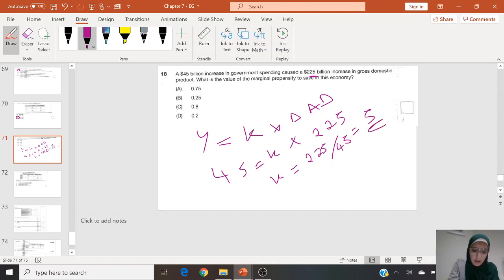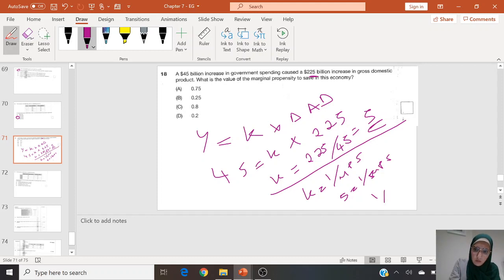So now we know k. If we already know k, it shouldn't be too hard to find the MPS, because we also know that k equals 1 over MPS. So 5 equals 1 over MPS, and that gives us MPS equals 1 over 5, which is 0.2. Hence, the answer is D.